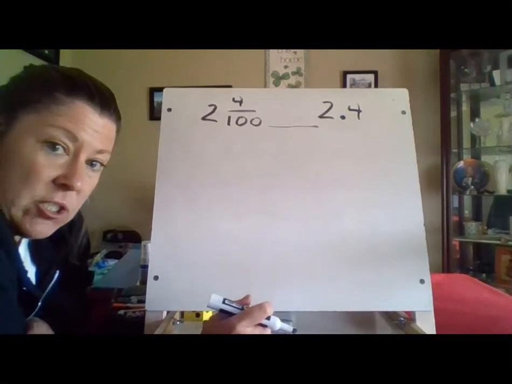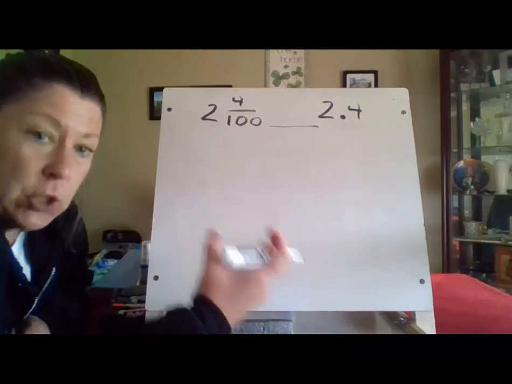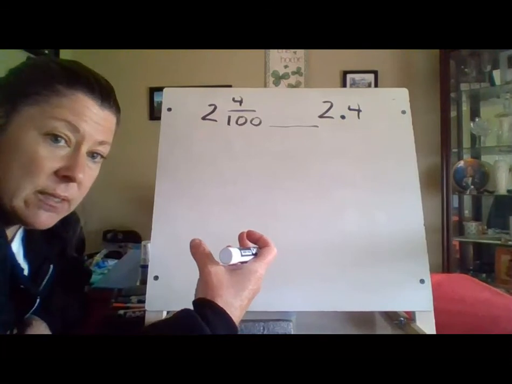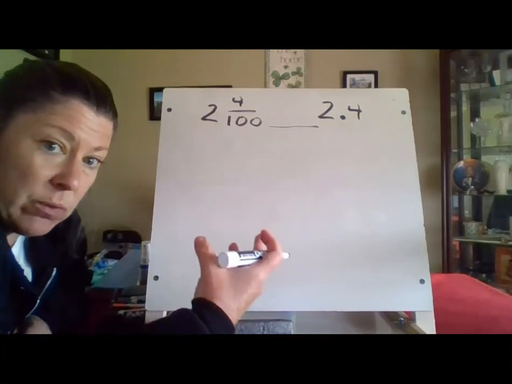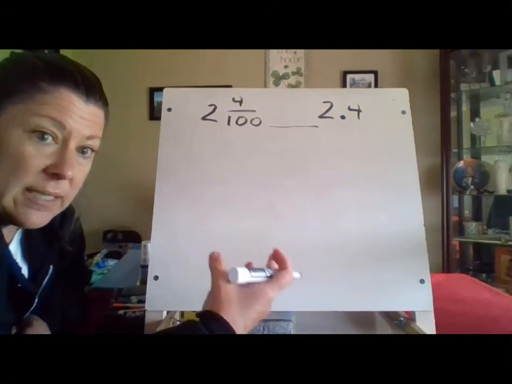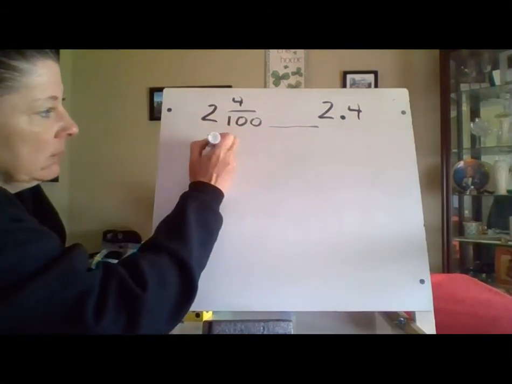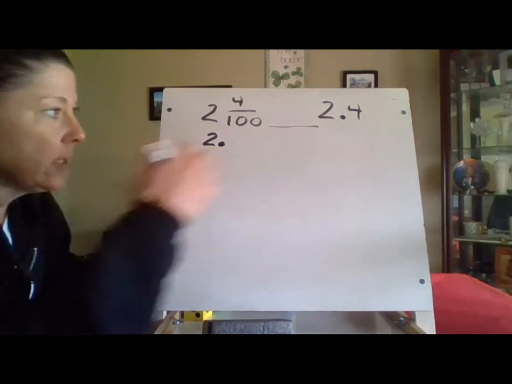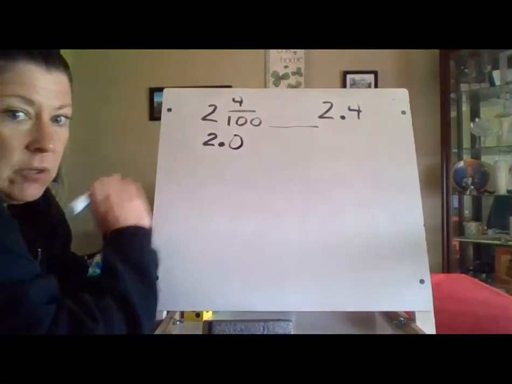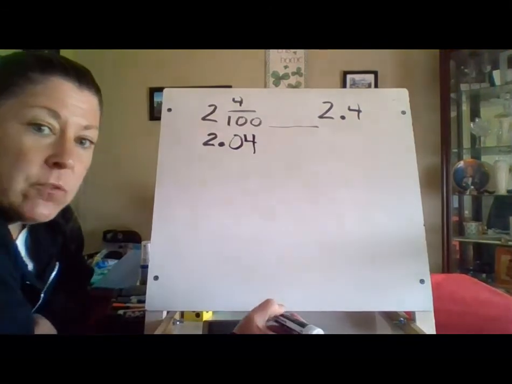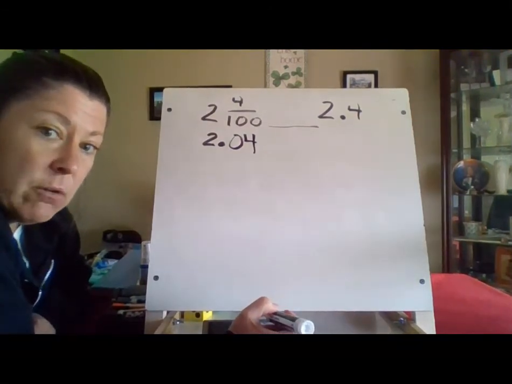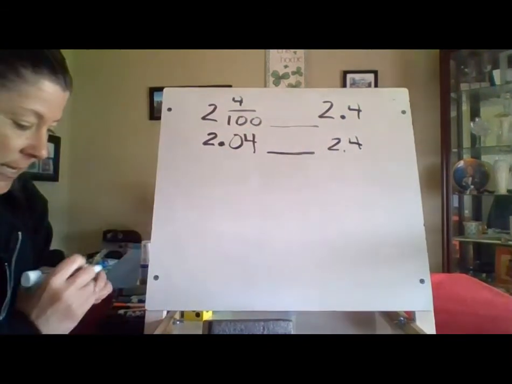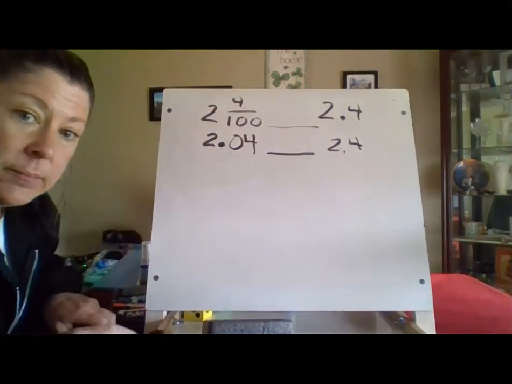I'm going to solve this problem 2 ways, and you'll pick the way that's best for you. The first way I'm going to solve it is I'm going to change the 2 and 4/100 to a decimal. 2 and 4/100. Well, there's no tenths and there's 4/100, so it's 2.04. And then I have the 2.4.